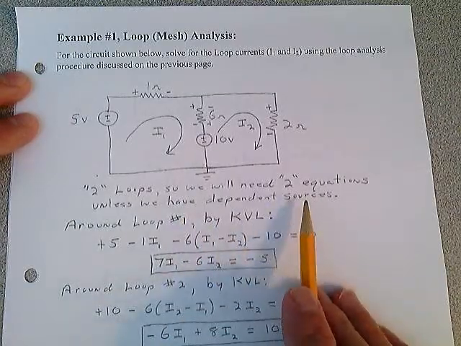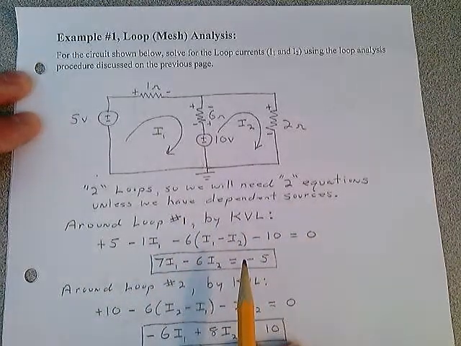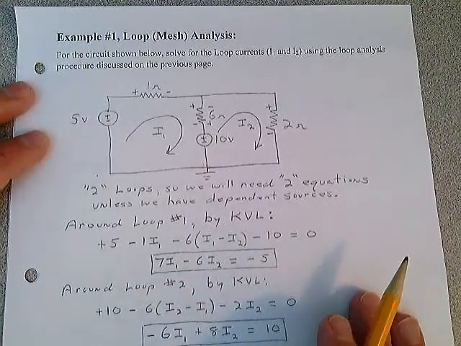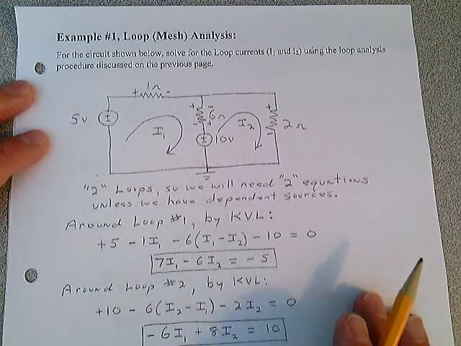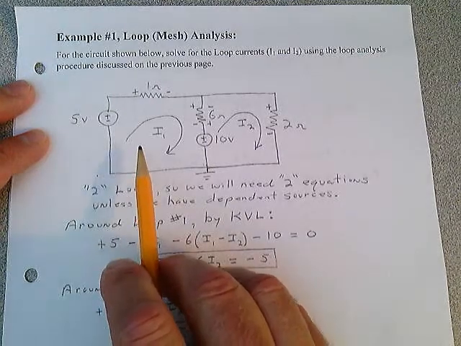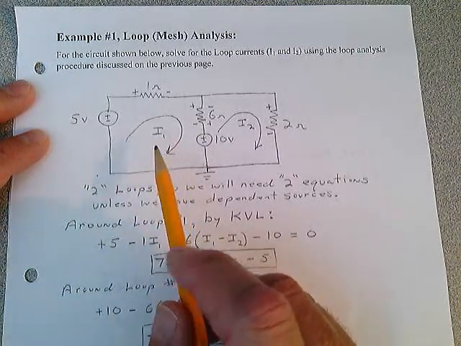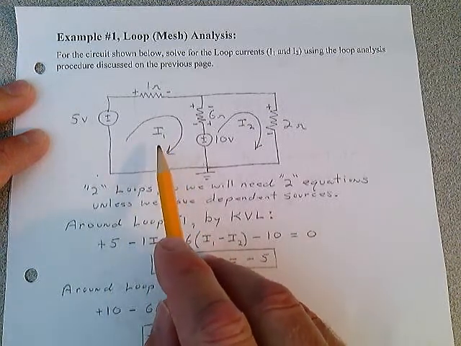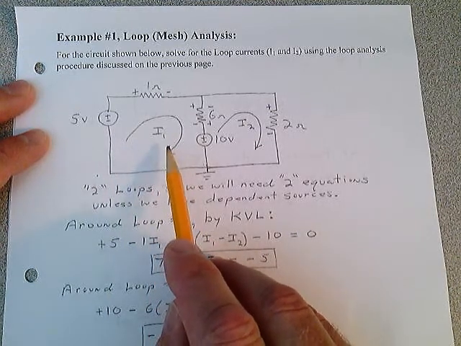All dependent sources do is add additional equations for the controlling variable. That's nothing new when we get to that point in loop analysis. I want you to notice here that these currents have to take into account all the elements in the circuit.